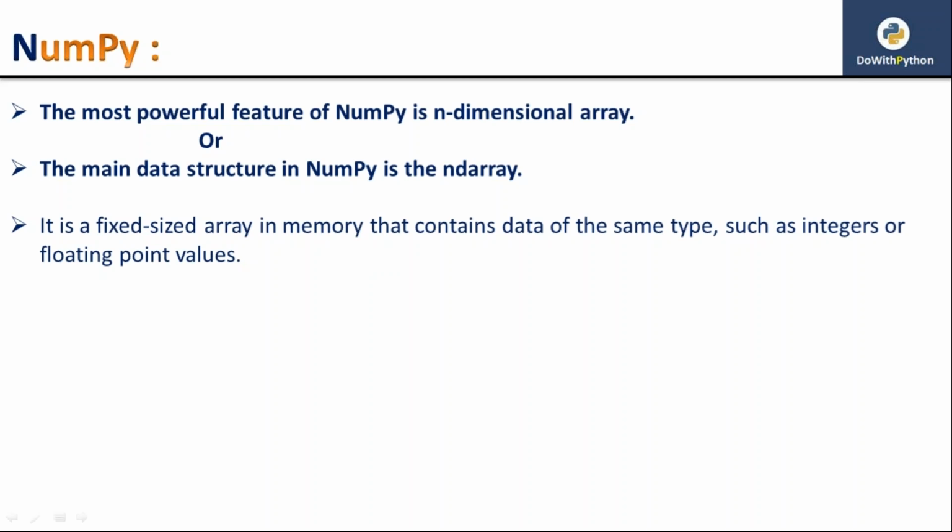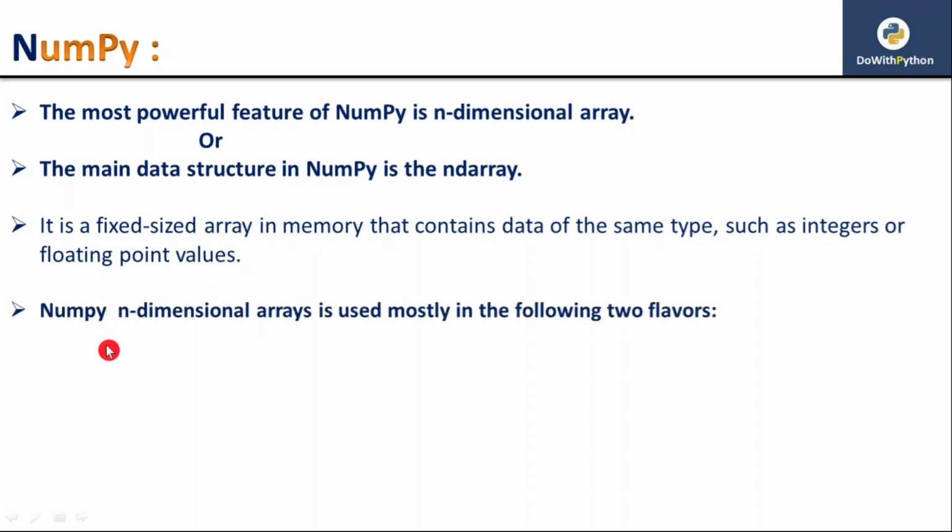We will see how to create one and what the data type is. Up to now, we know that with basic Python we have different data structures like list, tuple and dictionary. Now using NumPy you are going to create one more data structure, called ndarray or array data structure.